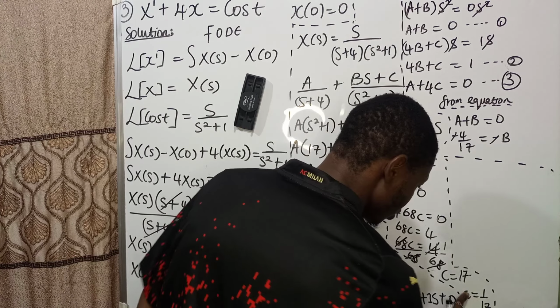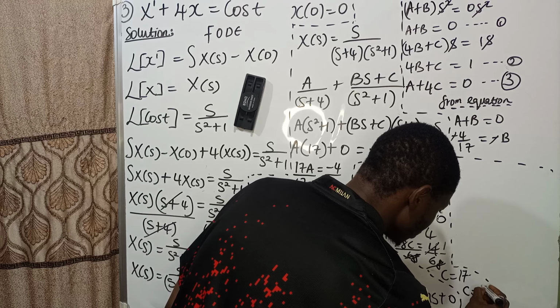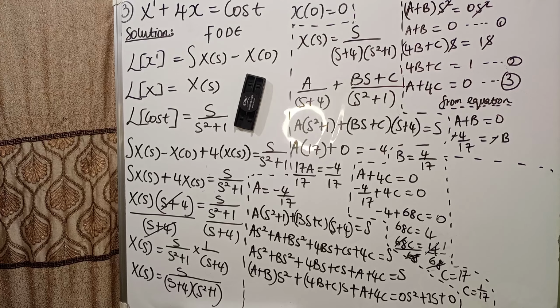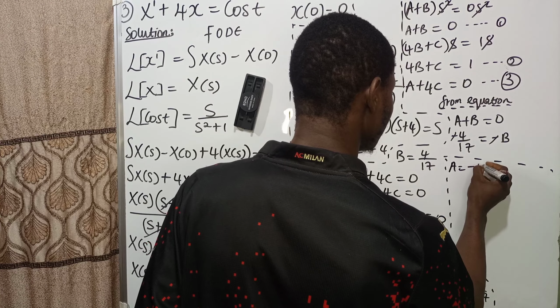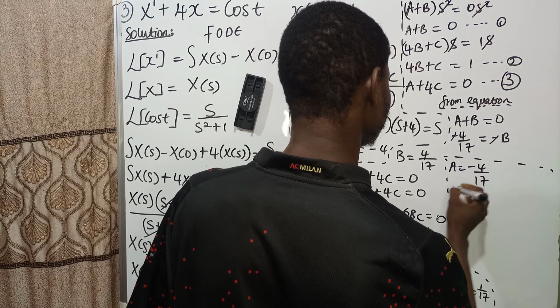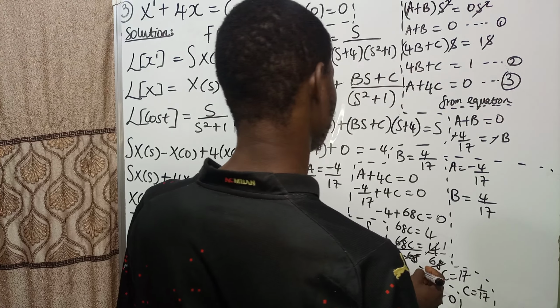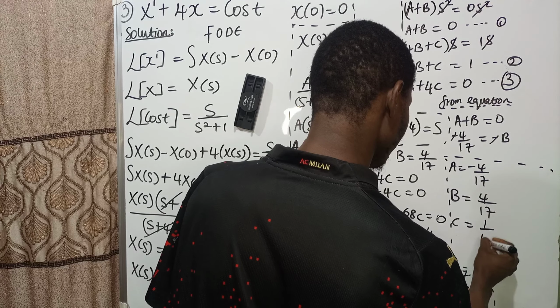Okay, let me bring it up. c is equal to 1 over 17. So our a is equal to minus 4 over 17, b is equal to 4 over 17, then c is equal to 1 over 17.